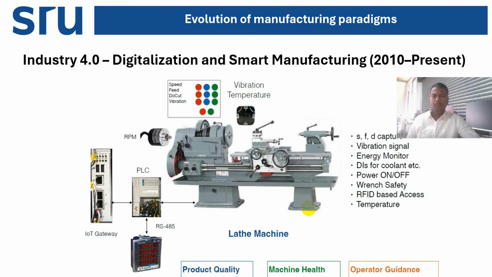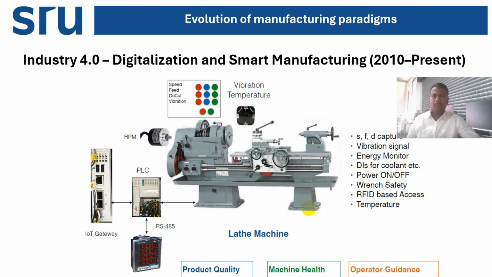This is being rigorously developed in some labs in India, especially at IIT Delhi, where they are adopting Industry 4.0 technologies and integrating sensors and PLC systems into the conventional lathe, so they can develop advanced Industry 4.0 lathe machines.